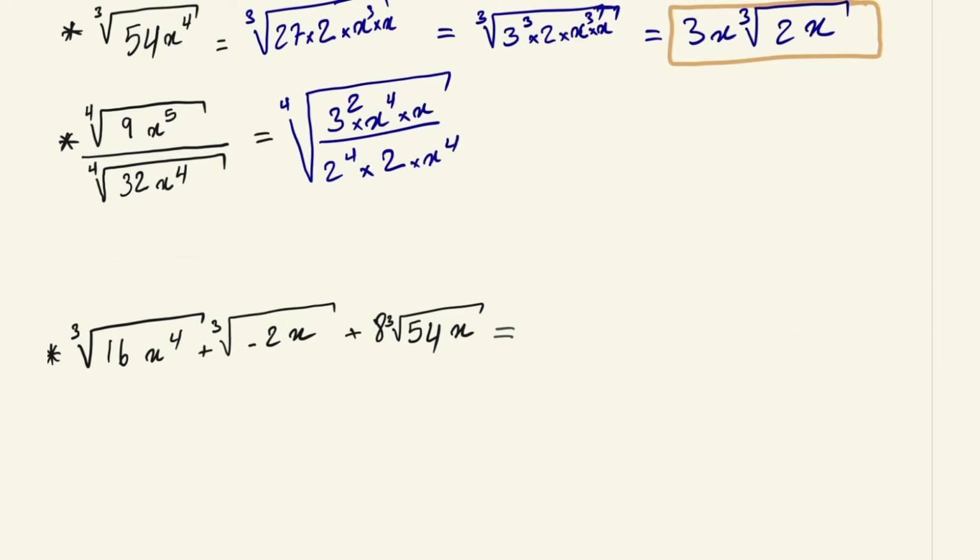We see we have something in common: x to the fourth here and here. Since we have it in both the numerator and denominator, we can cancel them. So what we get is the 4th root of 3 squared times x over 2 to the fourth times 2.